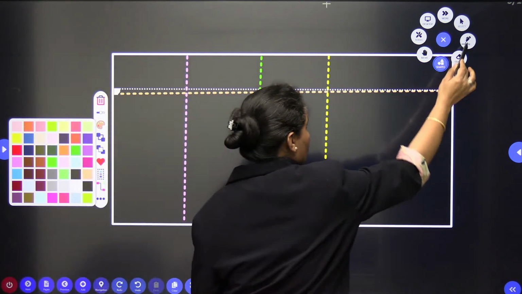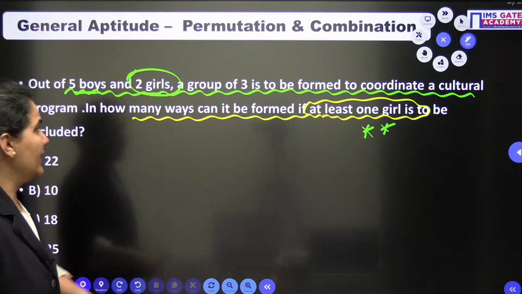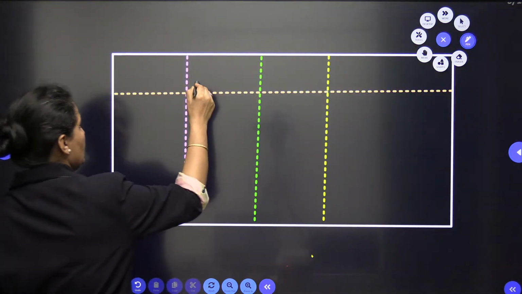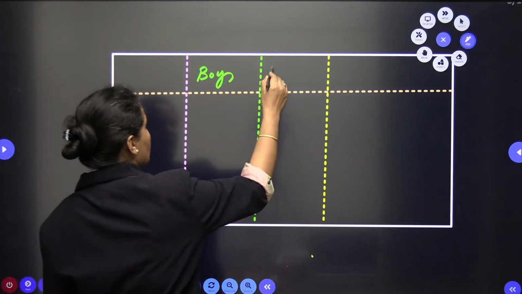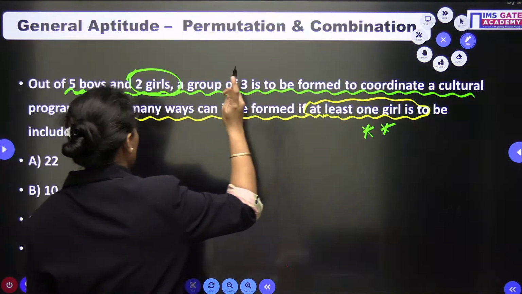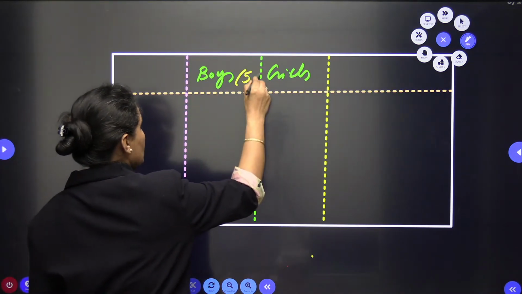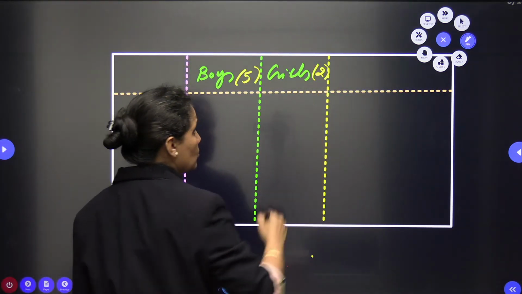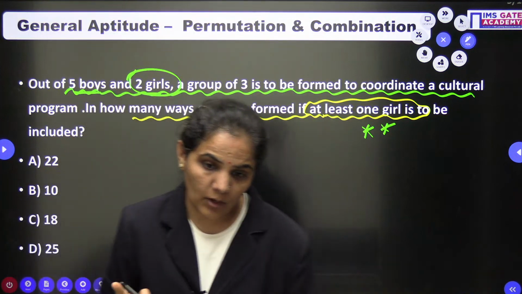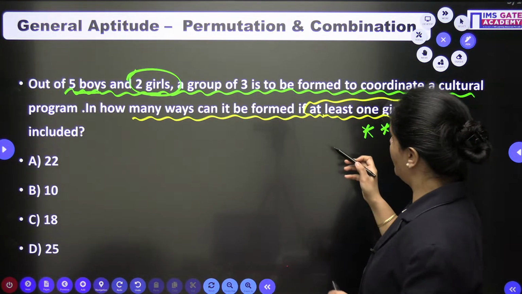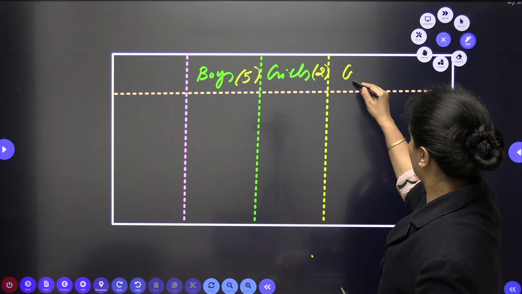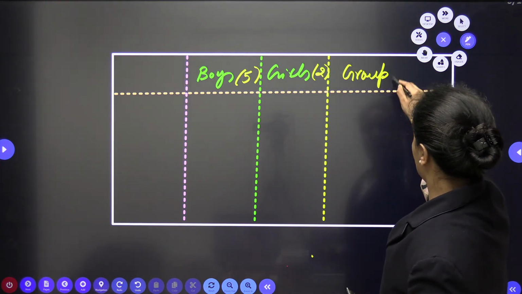Let's approach it now. First of all I have the number of boys and number of girls. Number of boys is 5, number of girls is 2, and you need to make a group of 3 persons. So this is the group of 3.